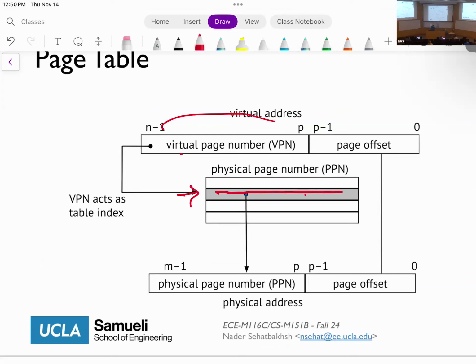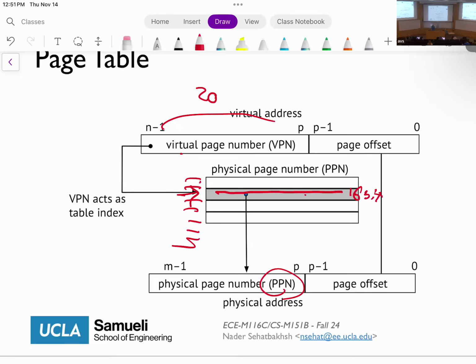So whatever content that we have here, that will be your PPN. So for example, in the example that I gave you, this is a 20-bit number, which means that I have 2 to the power of 20 different indexes in this table. Within each, I'm storing a 16-bit number. And this is the physical page number that I have.